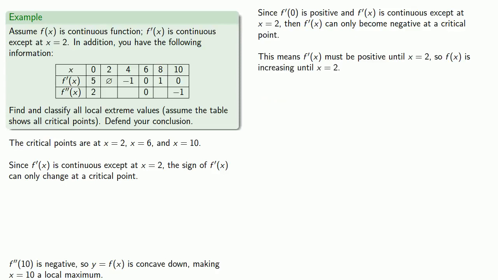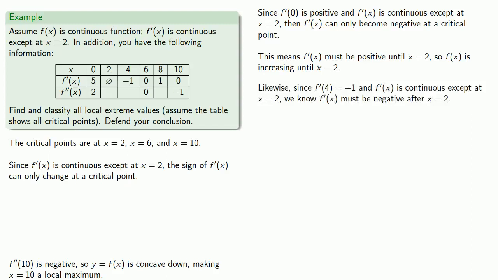Similarly, since f prime of 4 is negative 1, and f prime of x is continuous except at x equals 2, we know that we can't change signs unless f prime of x is 0 or undefined. So that means that f prime of x must be negative after x equals 2, which tells us that f of x is decreasing after x equals 2.